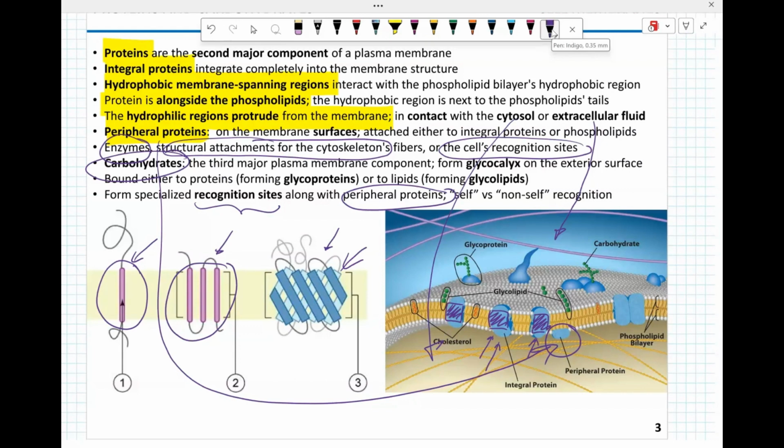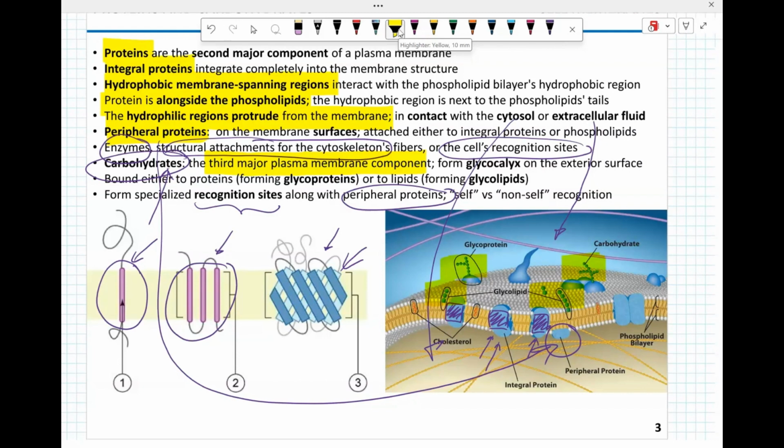Turns out that carbohydrates, being a third key component of the plasma membranes, form a layer of carbohydrates on the outside called glycocalyx. So these carbohydrate fragments on the surface of the cell represent a part of the glycocalyx.